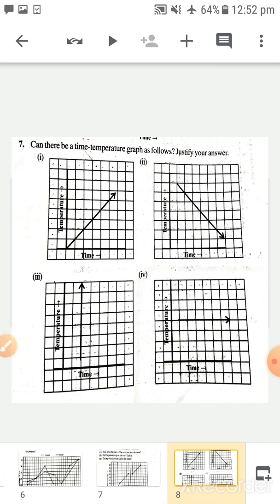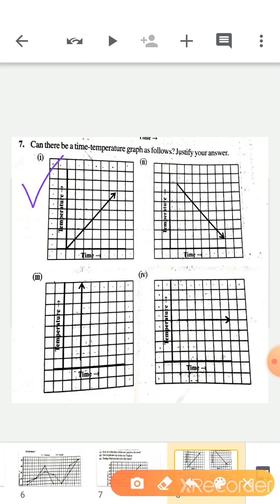Can there be a time-temperature graph as follows? Justify your answer. So we have to find out, among these four graphs, which are representing a time-temperature graph, or whether any graph is not representing it. Let's see. First, in this graph, with time the temperature is increasing, so this can be a time-temperature graph.